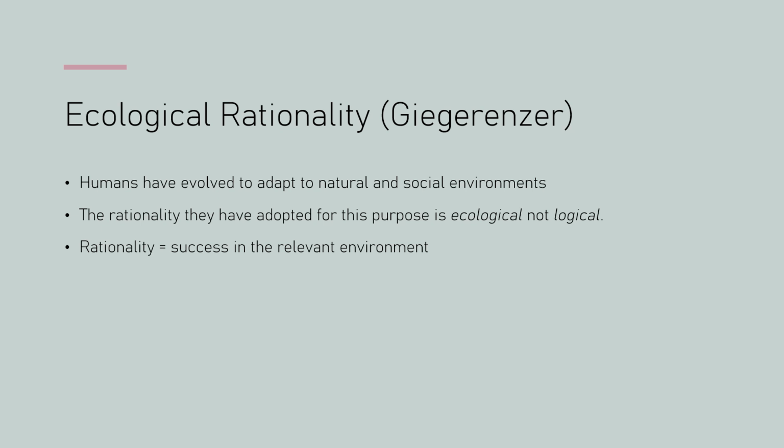The idea of ecological rationality is that humans have evolved to adapt to natural and social environments, and our rationality reflects that. So our rationality is ecological, not logical. It's not meant to adhere to logical rules. It's meant to be successful in the environment in which we are located. So rationality is success in the relevant environment.